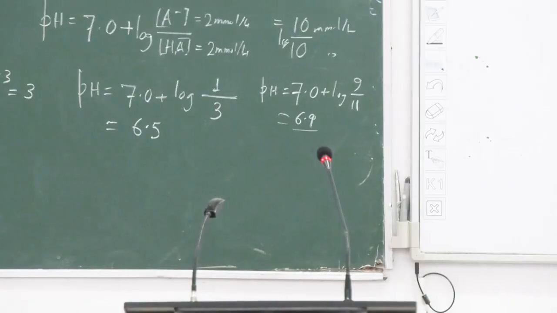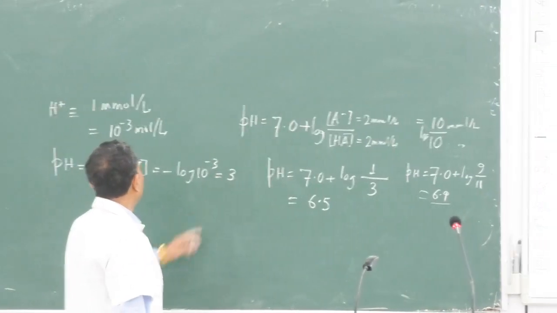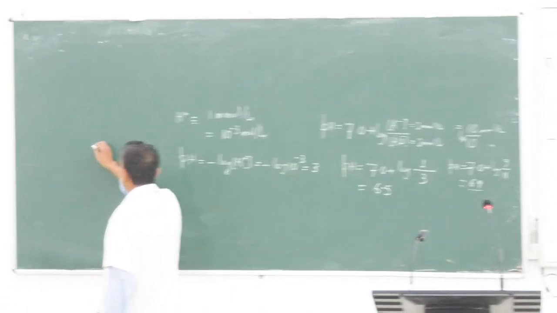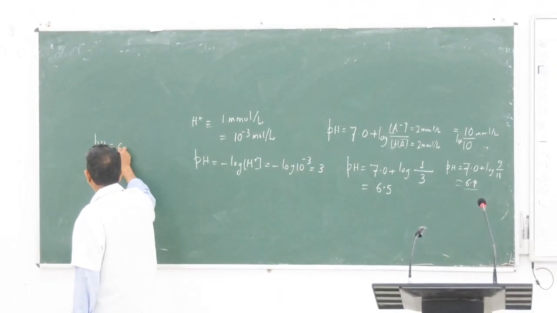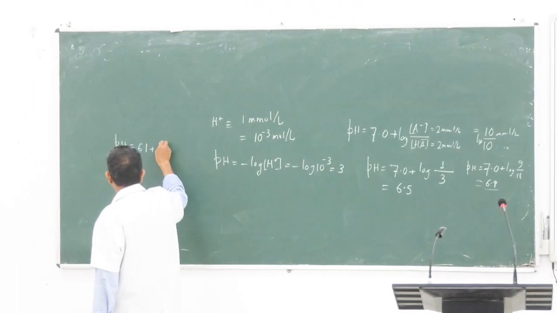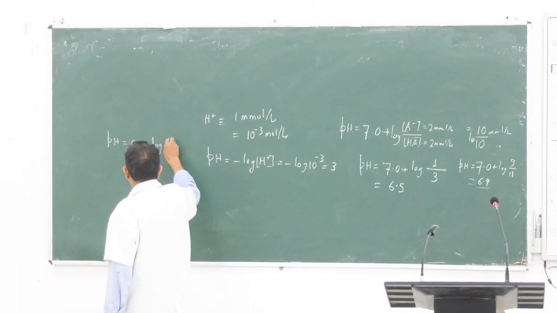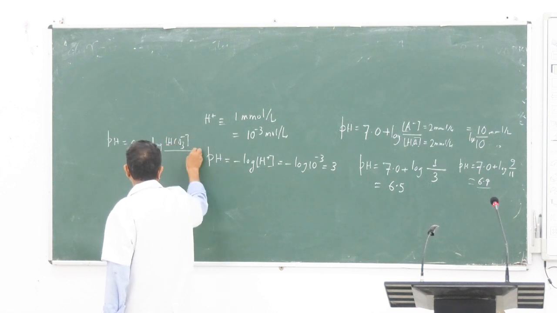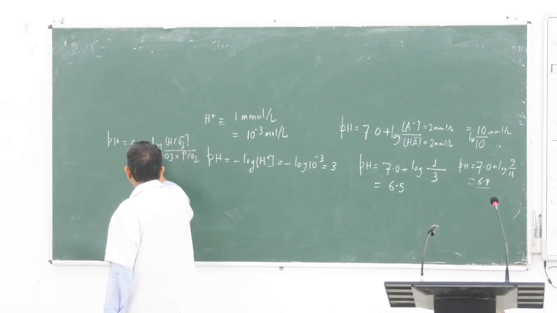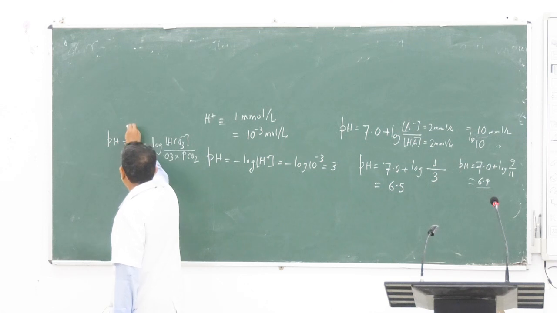Now, the bicarbonate system that we mentioned: pH is equal to 6.1 plus log of bicarbonate ionic concentration by 0.03 into PCO2, and it is also to some extent away from 7.4.